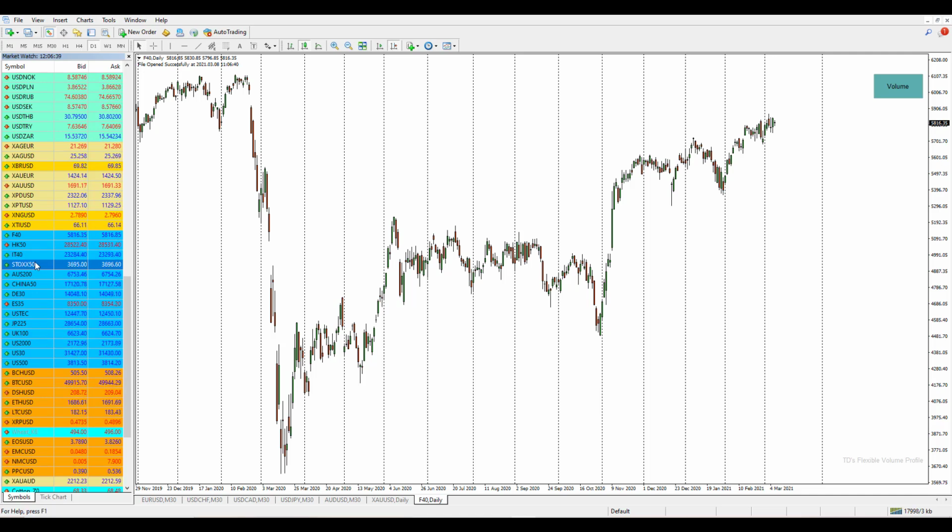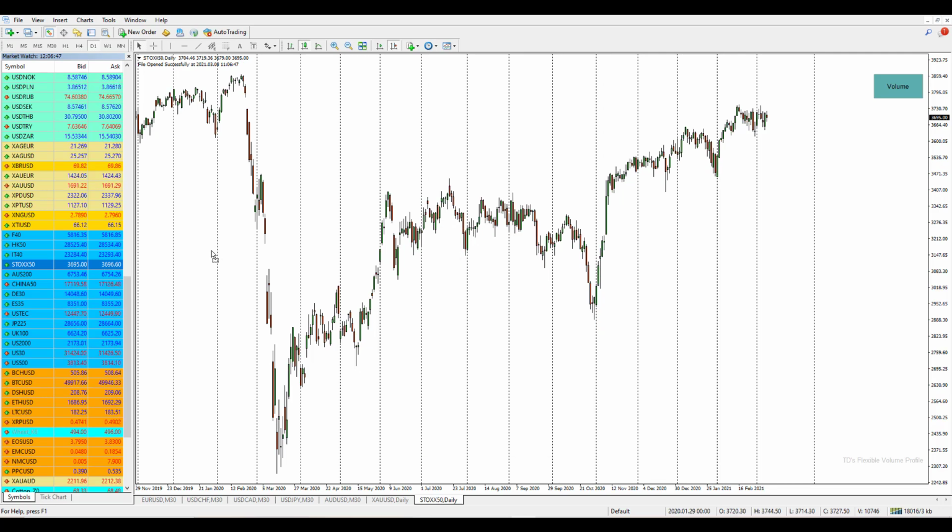So for example, if you want to trade the Euro Stoxx 50 index, then you go in here and you just drop it on a chart, right? So this is the chart of the CFD. It's correlated with the trading index. So even though it is a CFD, a different trading instrument basically, it moves in the same way as the underlying index.